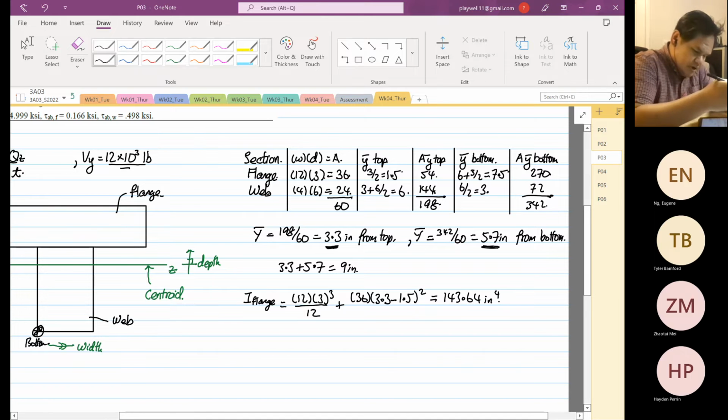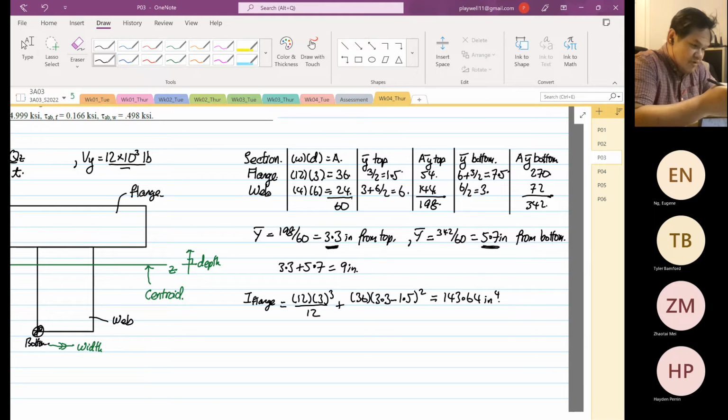I will do it again. 12 times 3 to the power 3 divided by 12 plus 36 times (3.3 minus 1.5) squared is 143.64.